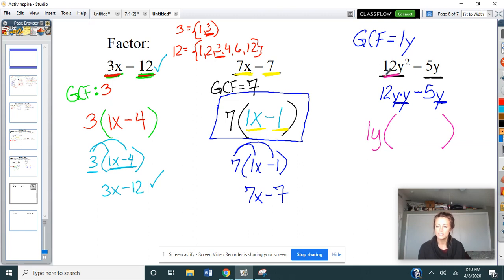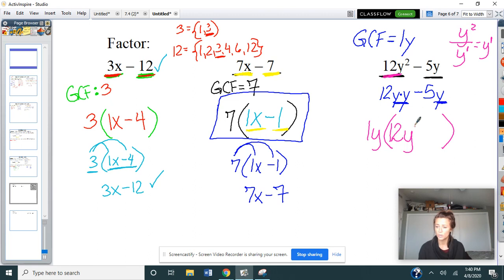Now remember, we're taking this term and we're dividing. 12 divided by 1 is still 12. But y squared divided by y is just y. Now, if you remember the rules, it's y squared divided by y. The automatic exponent here is 1. When you're dividing with the same base, which is y, you keep the base and you subtract the exponents. 2 minus 1 is 1.